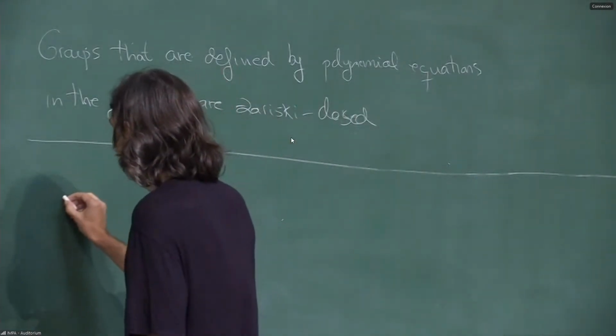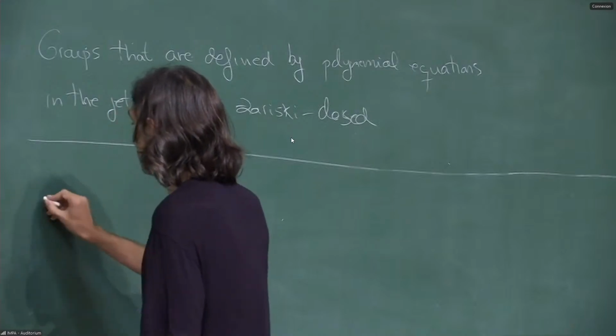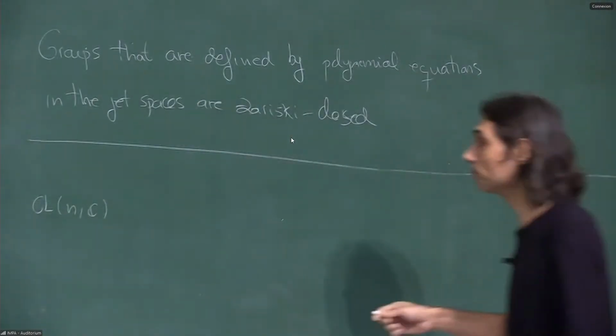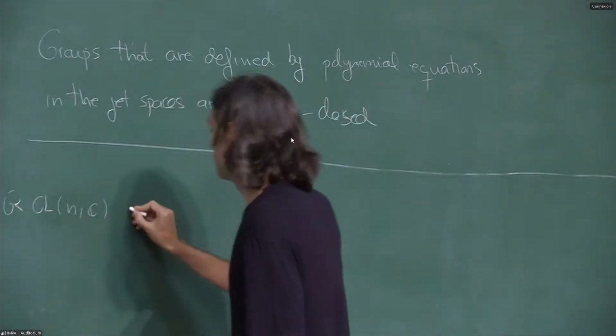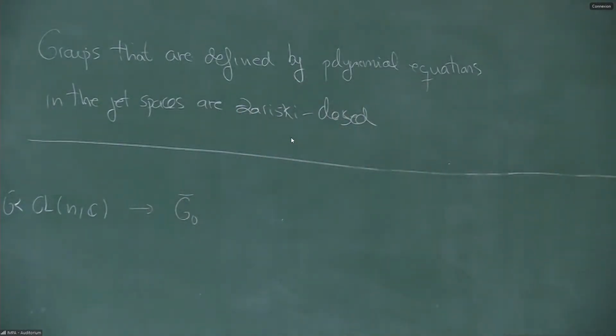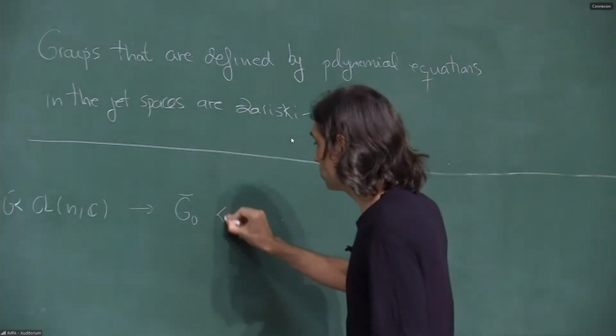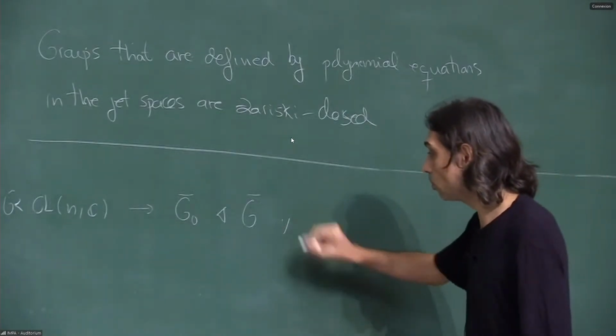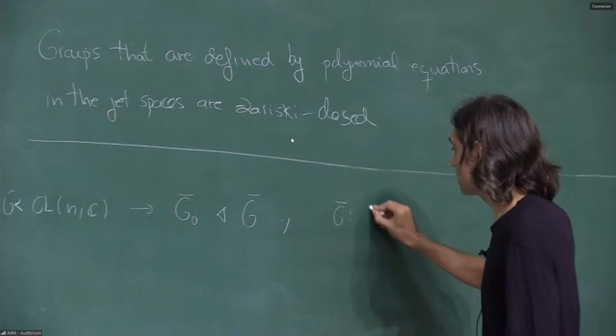So if you are working with subgroups of the linear group, the closure of G is an algebraic set, it's an algebraic manifold with finitely many irreducible components, right? So you have that this group over here is normal in the Zariski closure no matter what, always, and that this index is finite.